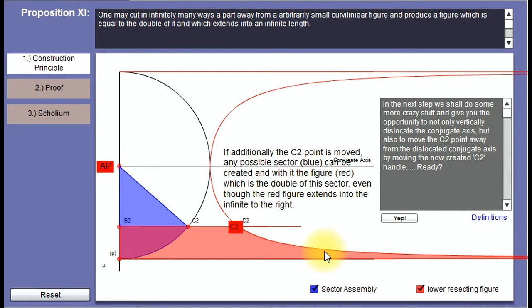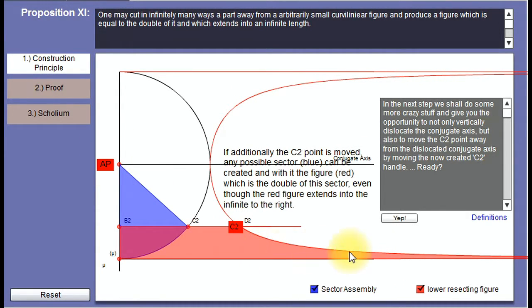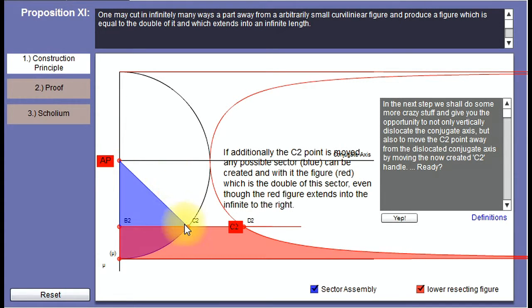And Leibniz is doing a very similar thing here. It's just not that he uses the hyperbola, but he knows that the resecting figure is convergent toward this very asymptote down here. And instead of using this rectangle principle of the hyperbola, he's just using the principle of the semicircle, and basically referring this area, which seems to be infinite because it extends in length to infinity, by principle to a finite area of another kind of figure.